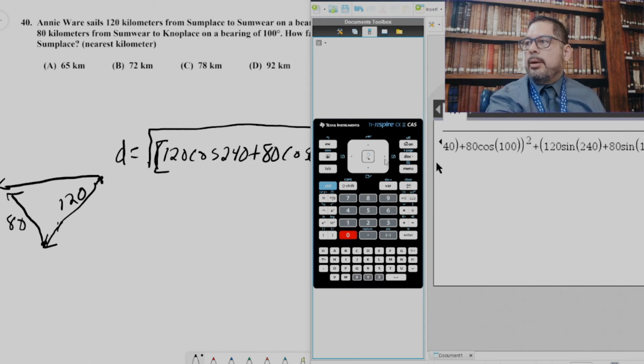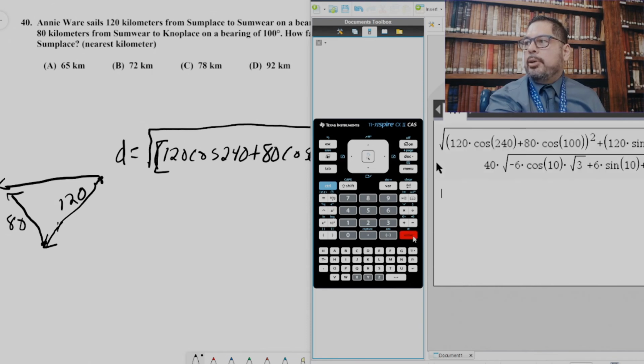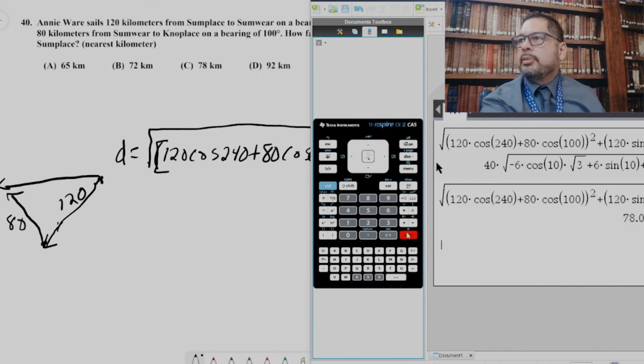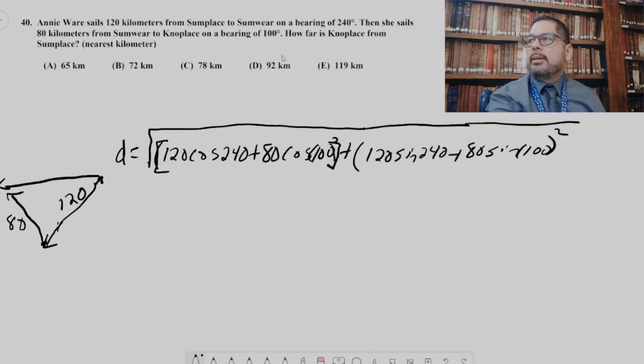And then right arrow and square that quantity and push enter. And we end up with that, which if we want an approximation mode, is 78.0509. And how far is no place from someplace?